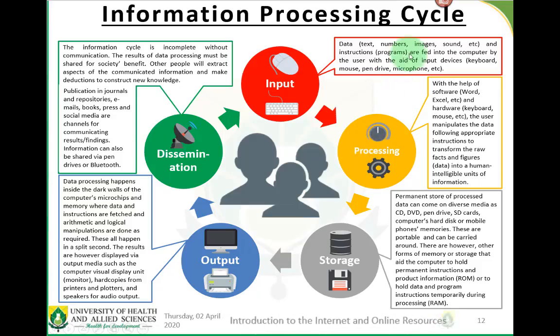When you load the programs and the data into your computer, the processor works together with the random access memory in an environment that is generally referred to as the central processing unit, and they decide, depending on the kind of data you put there, whether it's going to be a logical or arithmetic analysis, and whatever is done based on your instructions and manipulation of whatever program, Word, Excel, etc., that you are using to present and to arrange or organize your data, they give you results which are held in a temporary memory first in the RAM.